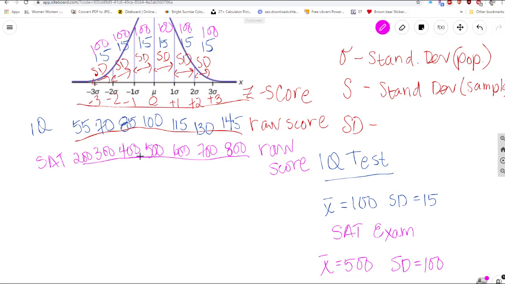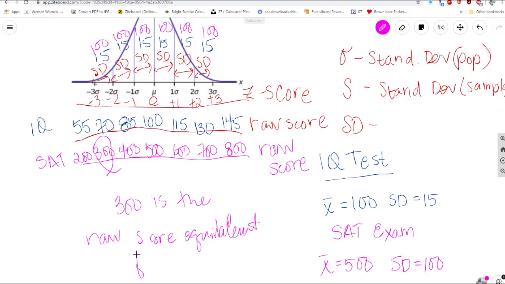And then I know that the corresponding raw score equivalent for a z-score of -2 is going to be 300. 300 is the raw score equivalent for a -2 z-score.